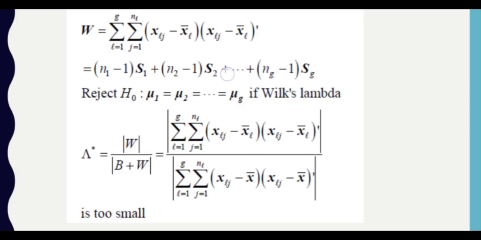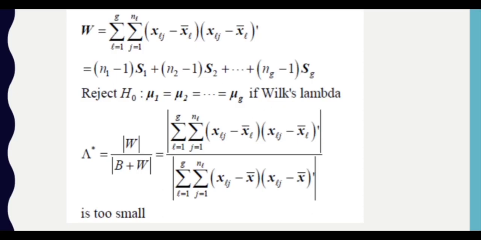Okay, ini yang I cakap tadi. The other formula untuk dapatkan matrix of W, which is the sample size for each population minus 1 multiply dengan sample variance covariance for each population. Okay, so you need to hafal the formula.